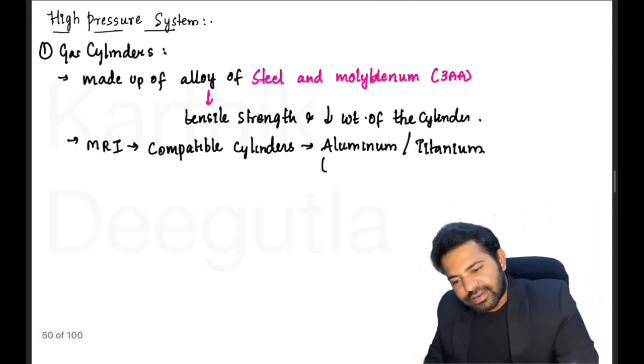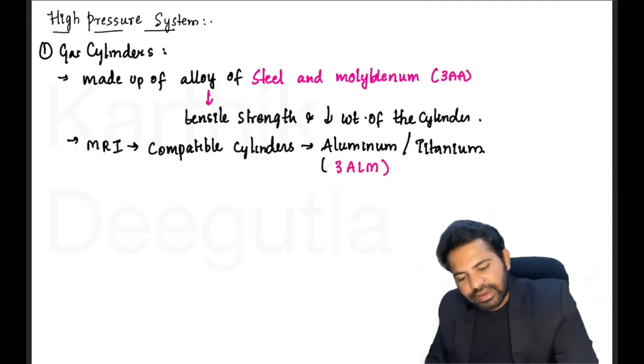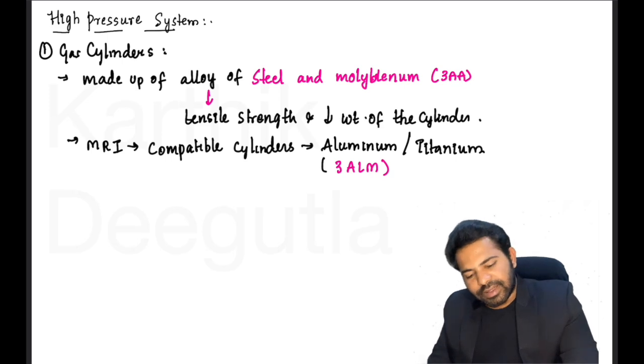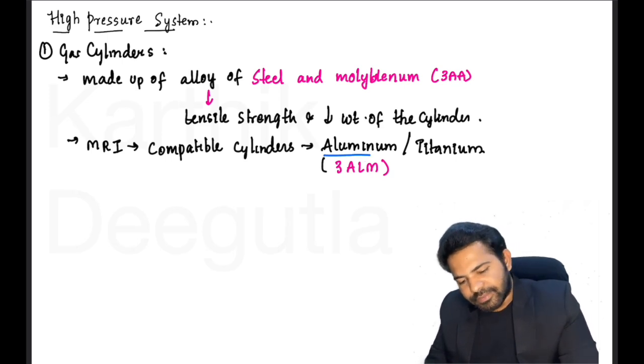These cylinders are marked by the 3ALM marking. Why are these MRI compatible cylinders made up of aluminium? Because they are non-ferromagnetic materials.